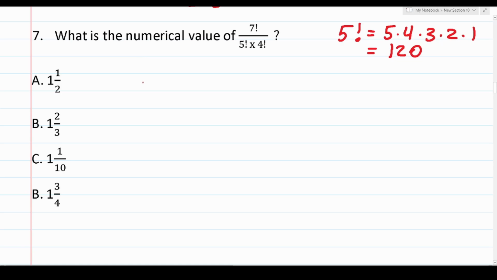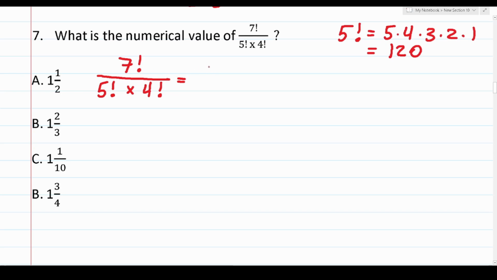So as is my wont, I'm going to start by copying down the problem on my scratch paper here. So again, we have 7 factorial in the numerator over 5 factorial times 4 factorial. The next thing I like to do is go ahead and expand these out.